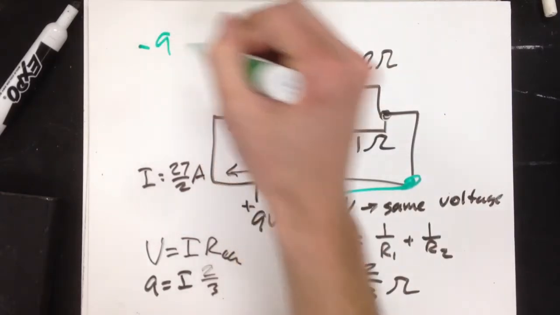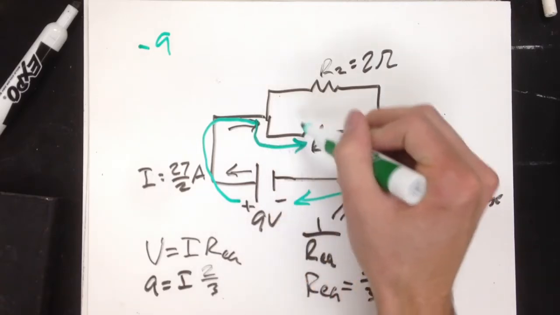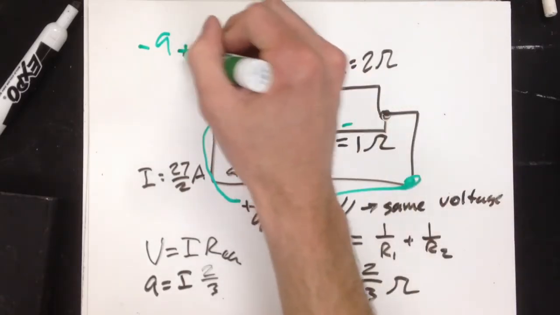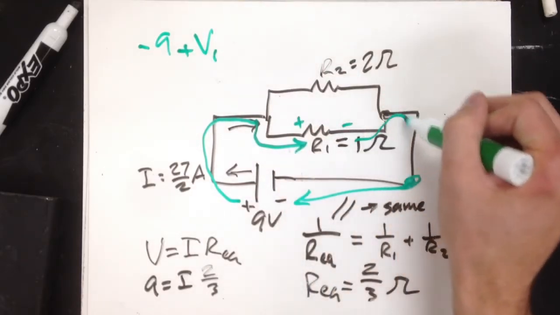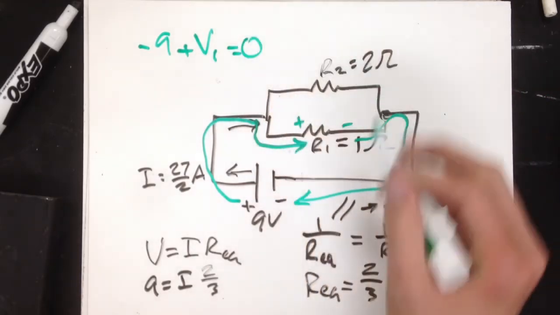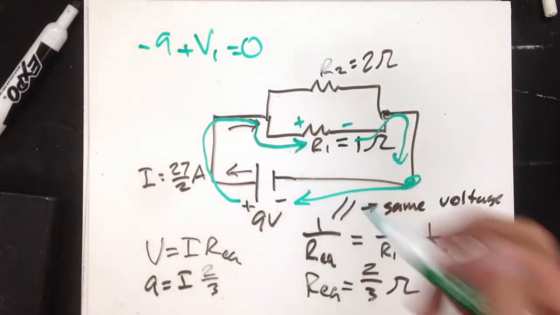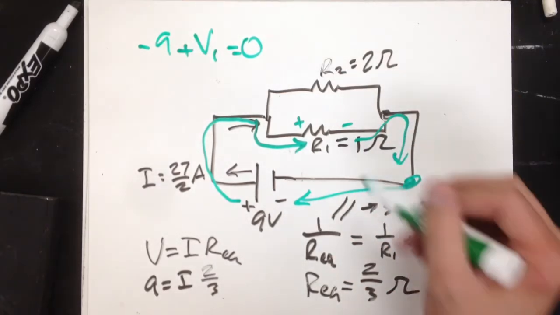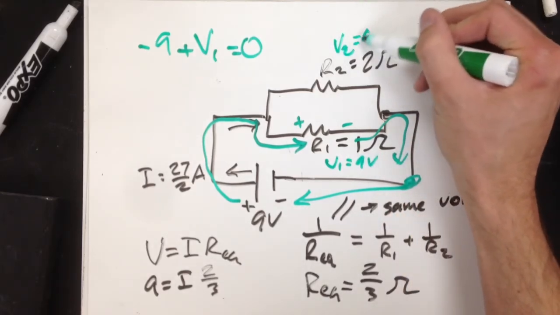So I've got -9. Then if I go around a loop, pick one, I'll hit the positive side. So plus the voltage across that resistor. Then I end up back where I start, equals 0. The voltage across either one of those is going to be the same, and in this case it's going to be 9 volts. So V1 is 9 volts and V2 is 9 volts.